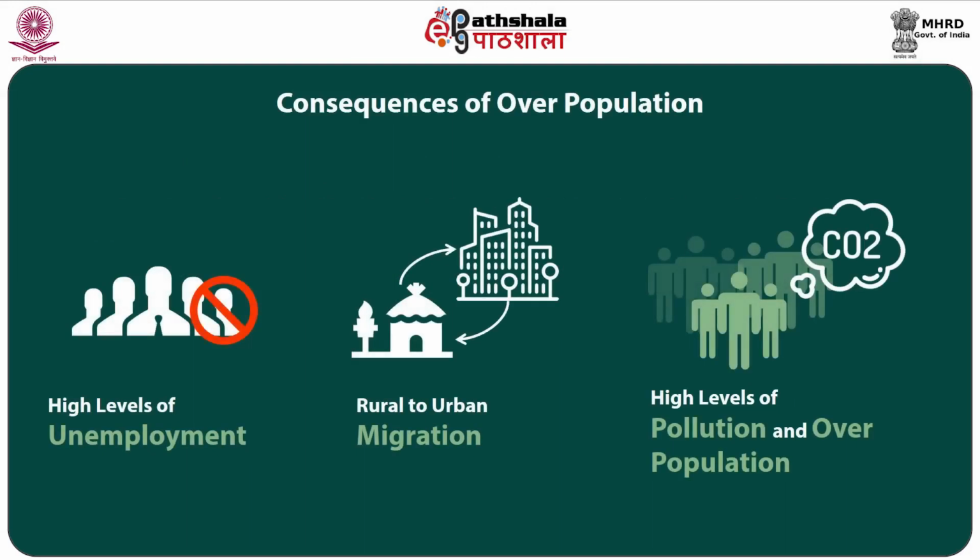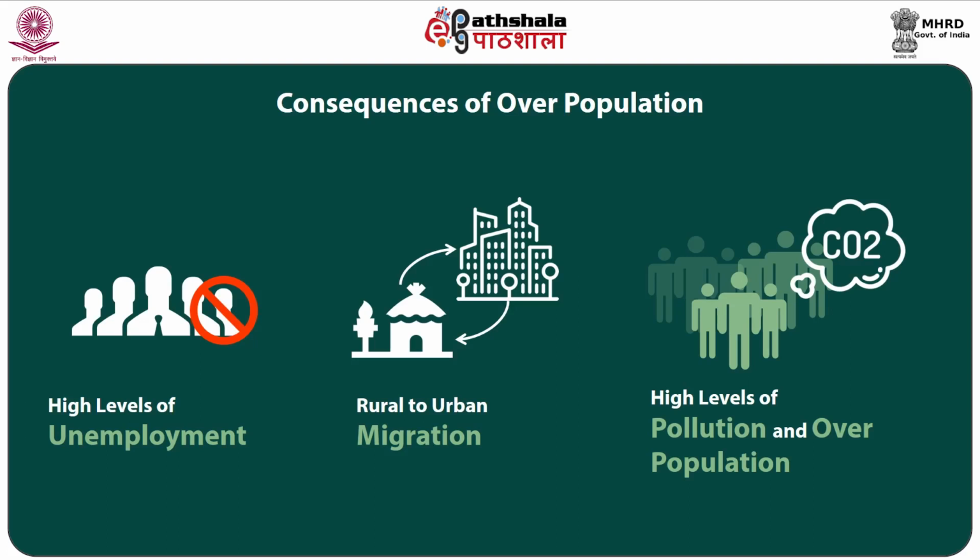And then what are the implications of overpopulation? The consequences are in terms of higher levels of unemployment, higher levels of rural to urban migration in search of livelihood and better economic opportunities. As a result of rural urban migration, one can see a shifting of poverty from rural areas to urban areas.